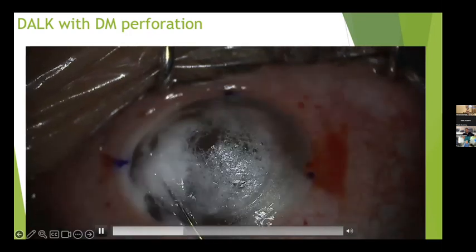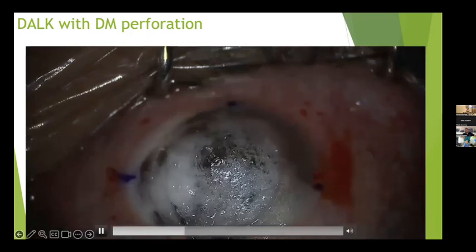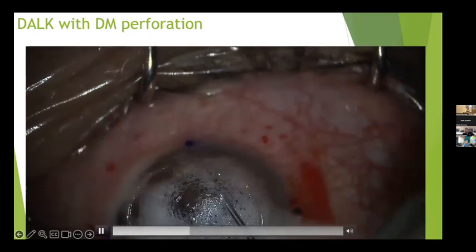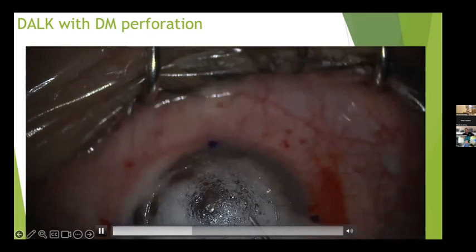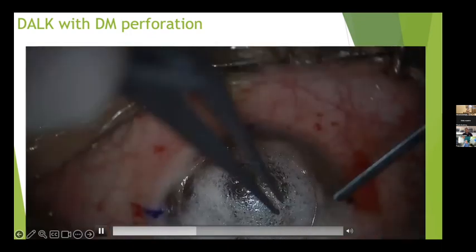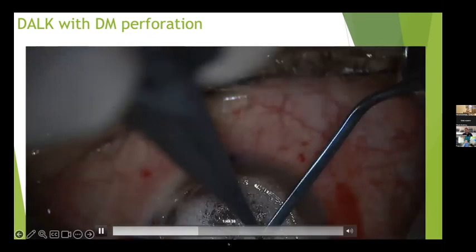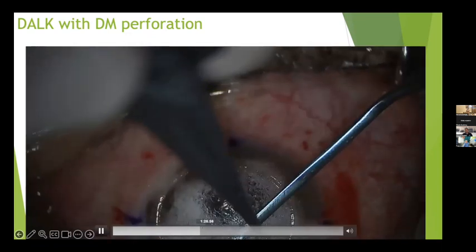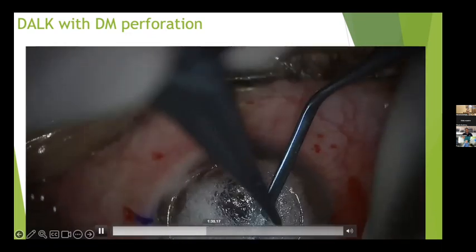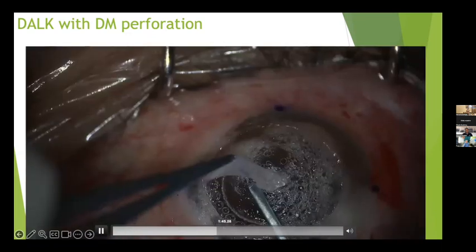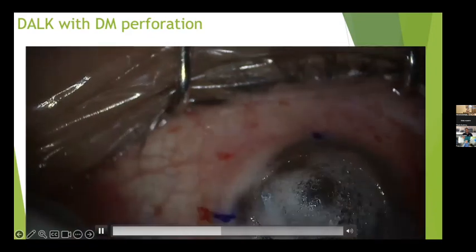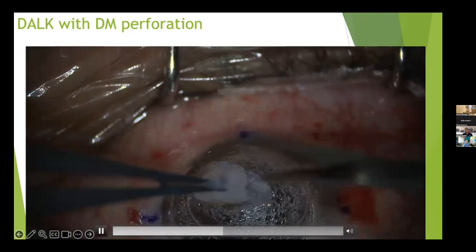Before doing that, I'm trying to inject air in different positions, different locations, just in case I may get a type 1 bubble, or if not, at least I get more stromal microbubbles to help me with the rest of the manual dissection technique. Now I'm going through the planes of the stroma using a blunt instrument to dissect, and the target is to reach as far as possible towards the Dua layer.